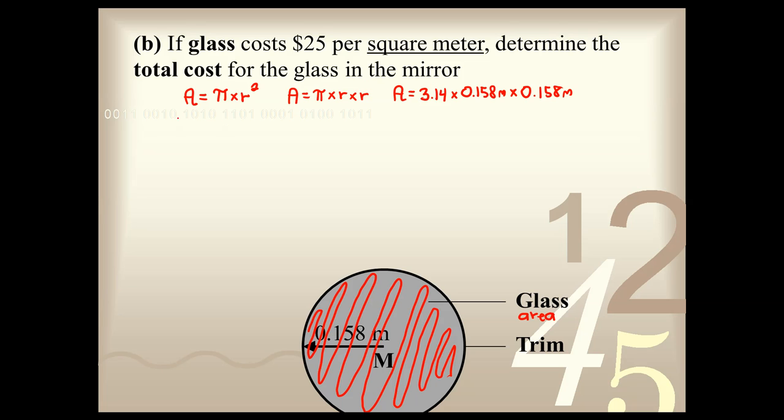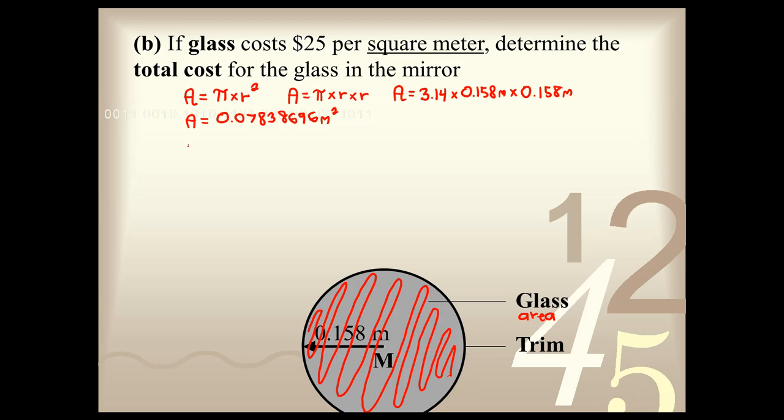And then my area would be equal to 3.14 times 0.158 times 0.158, which is a pretty ugly number. I'll just write it down completely, 0.07838696. And meters times meters gives me square meters.